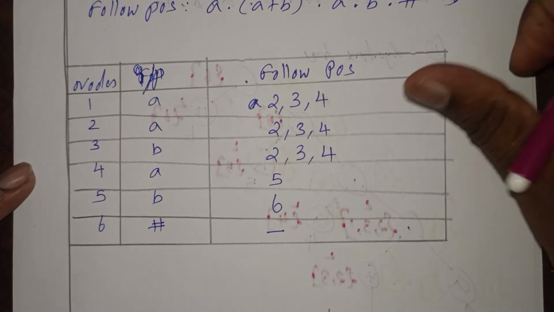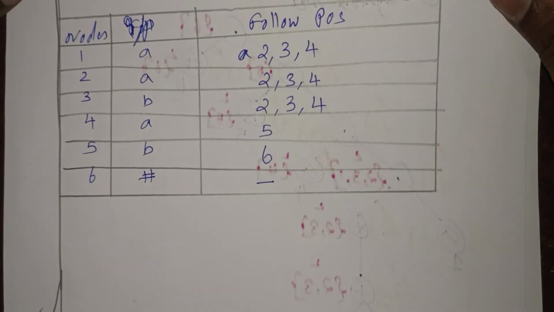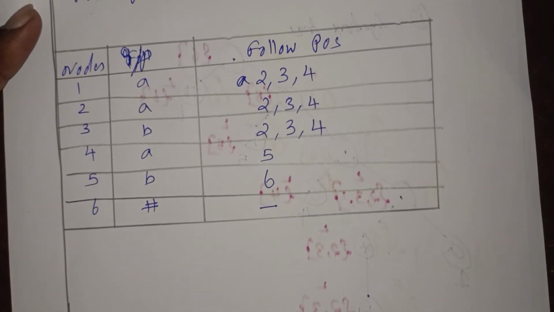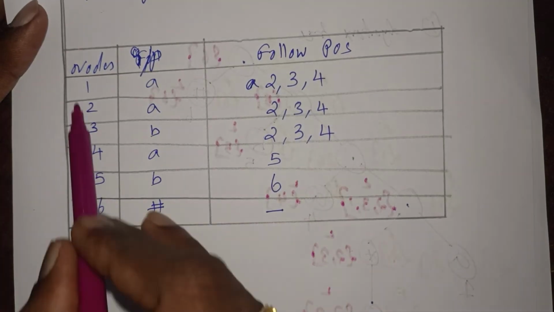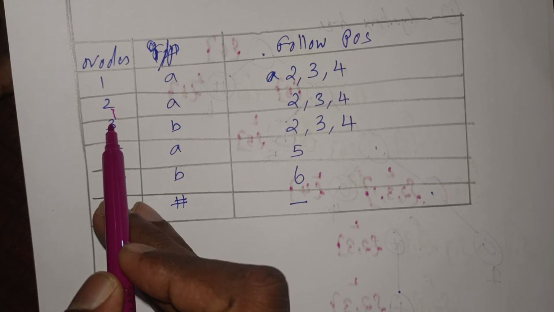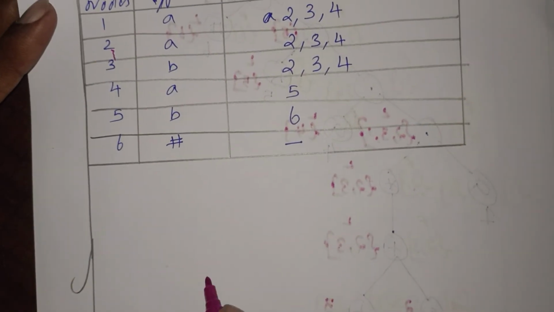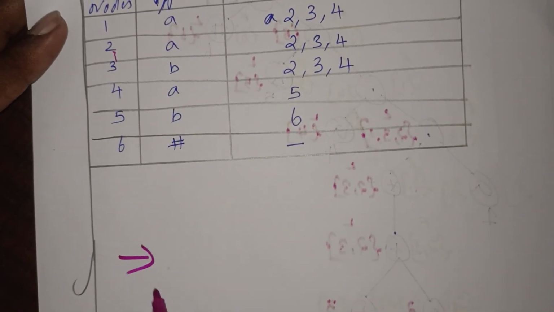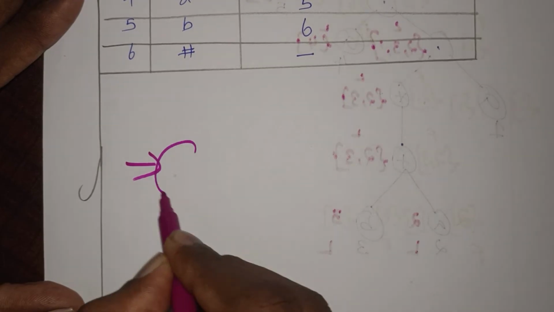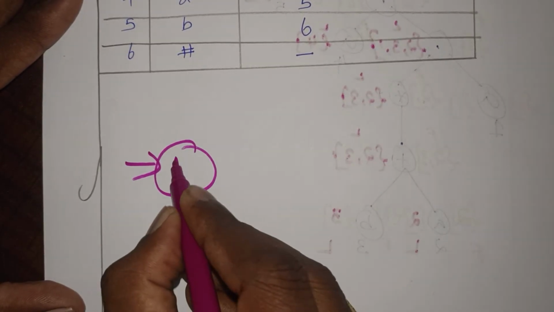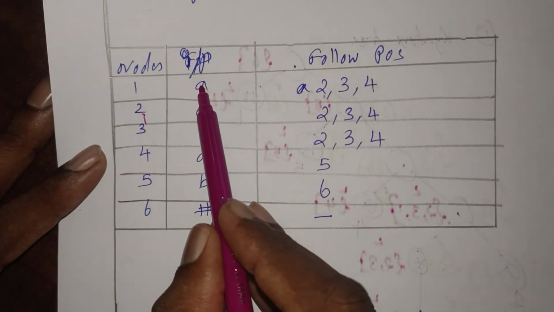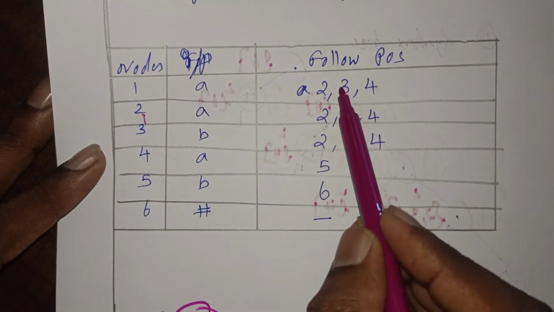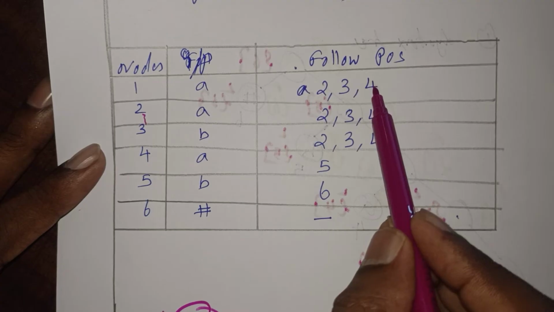Now you need to look very carefully. Why? Because this particular DFA has to be constructed only by taking the unions of the values in this table, right? So the first node, I'm going to take it as 1. It is a set of nodes. I'm going to draw this a little bigger so that you can follow. Node 1 takes an input A and it reaches the follow position 2, 3 and 4.